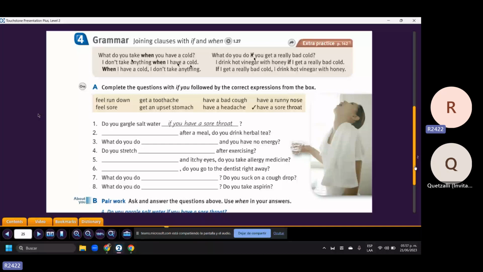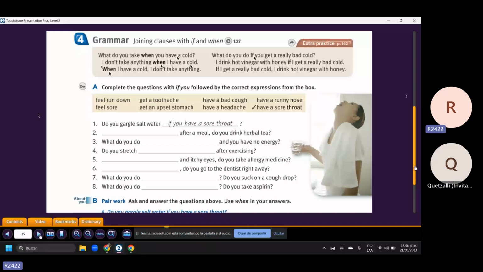So this rule that we have here, present simple and present simple, we usually use when we have a fact, and this fact is true, like a normal sentence.